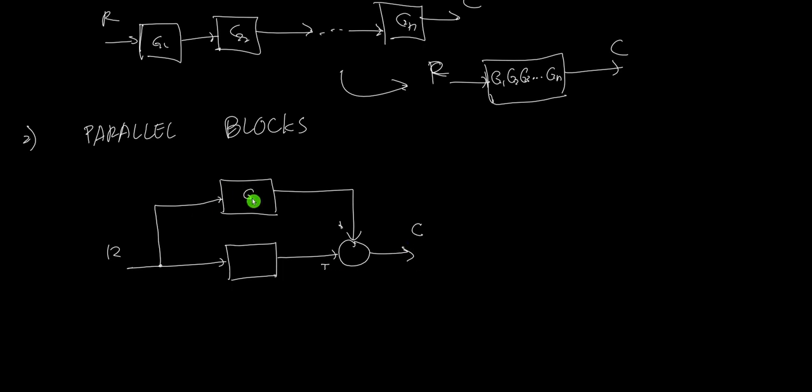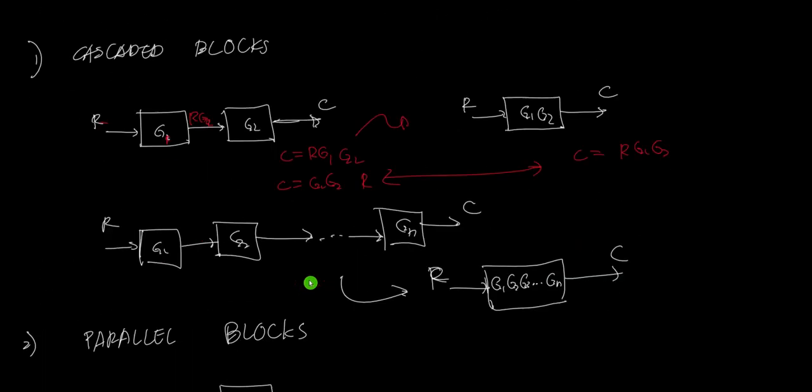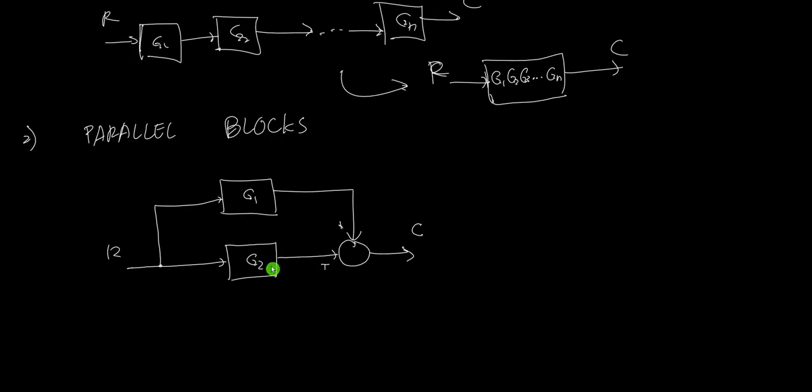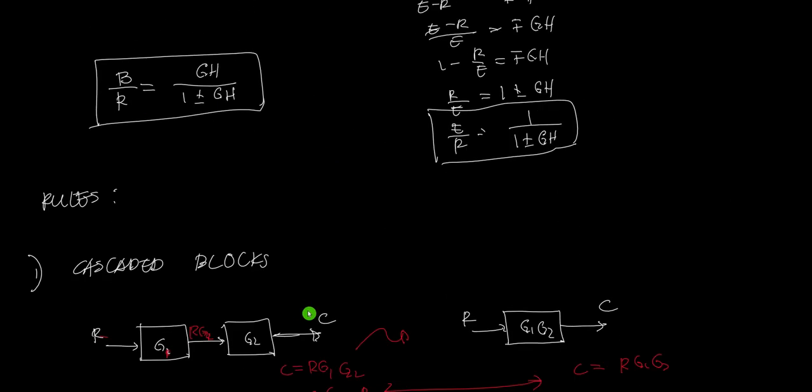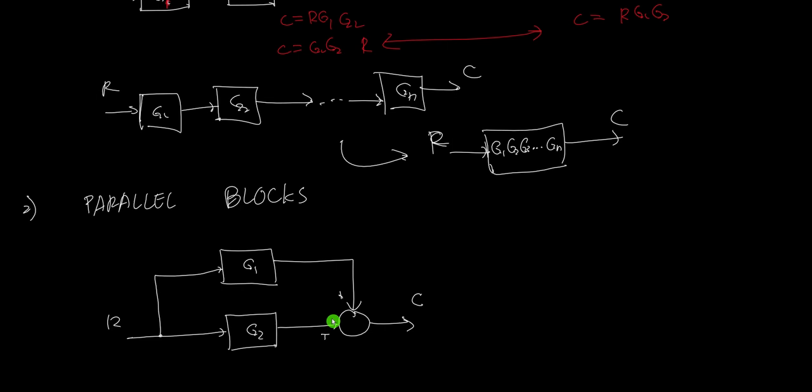So let's just call them G1 and G2. They are both in the forward path. Now, it's just like the inverse of a canonical form. Remember, this is not the canonical form. In the canonical form, the input is connected to the summing point, but in this diagram, the output is connected to the summing point.